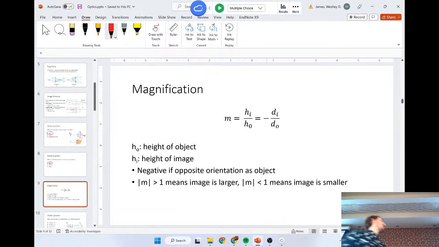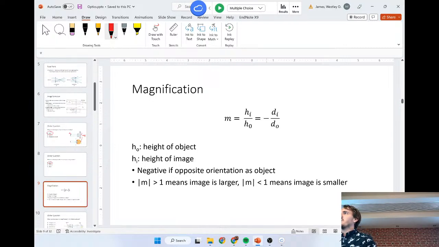One of the reasons it's negative is if you're in an opposite orientation of your object. So if my object is upside down, let's make up some stuff here. Here's my object, there's some magical lens, and then here's my image.